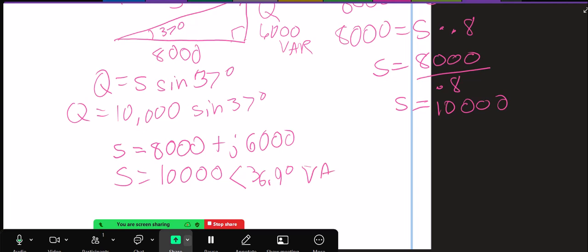Okay, so now we can calculate the impedance.